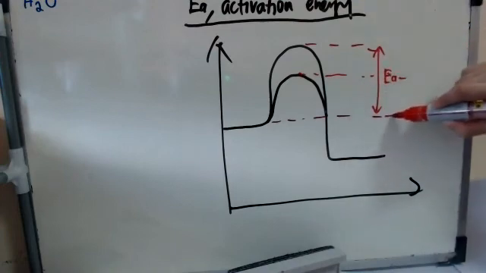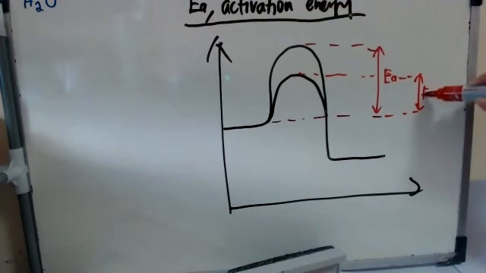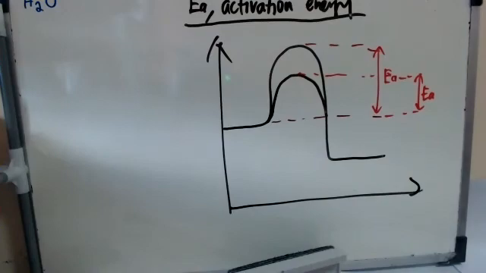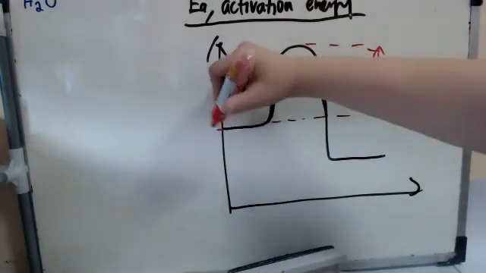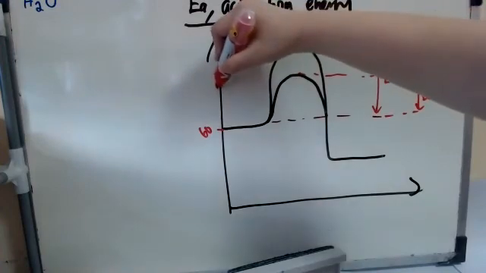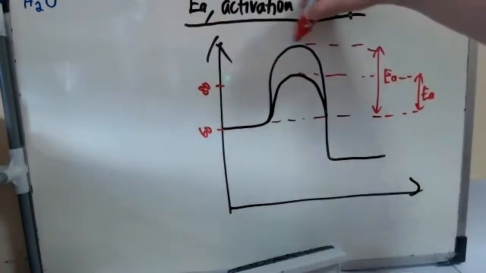In other words, the EA is lower. The amount of energy needed is lesser. If I give it a number, say this is 60 and this is maybe 80, this is 100.